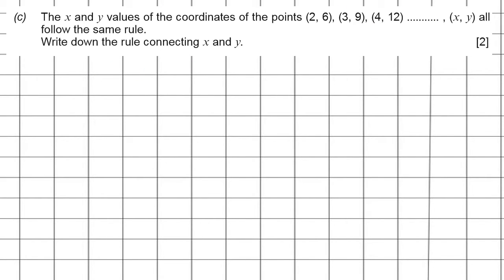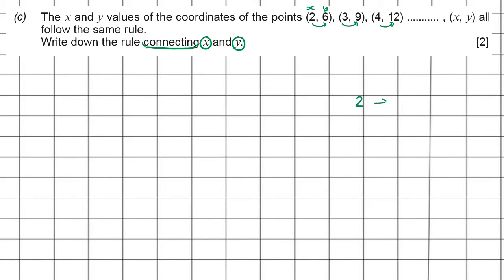The x and y values from the coordinates and the points (2, 6), (3, 9), (4, 12), x, y, all follow the same rule. Write down the rule connecting x and y. Connecting is a key term. So we have to see how the x is affected to get the y.